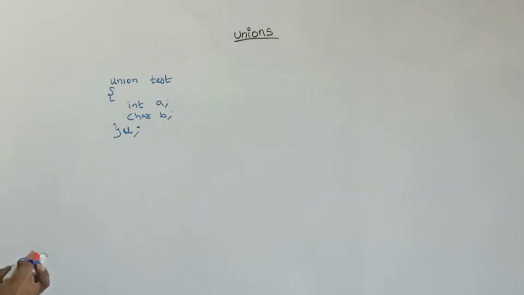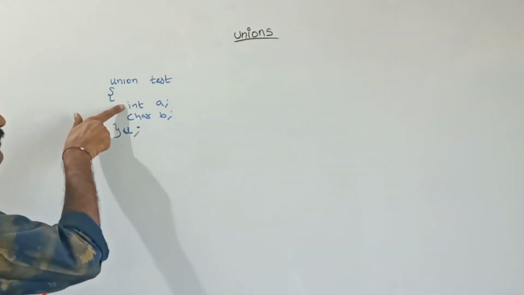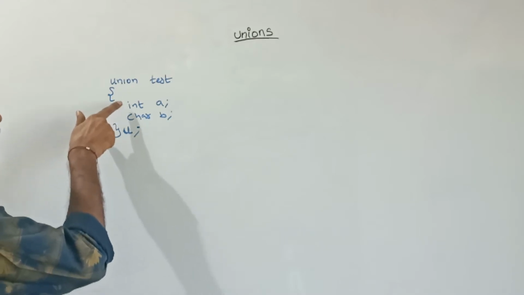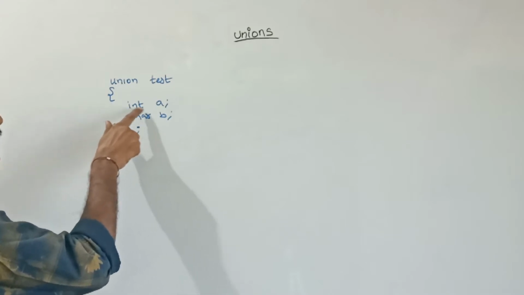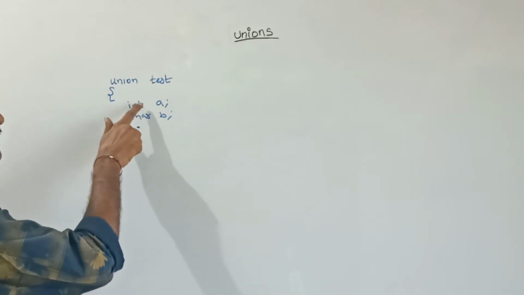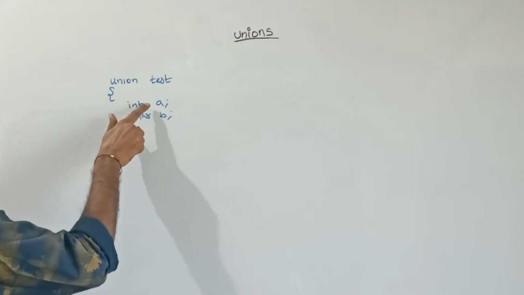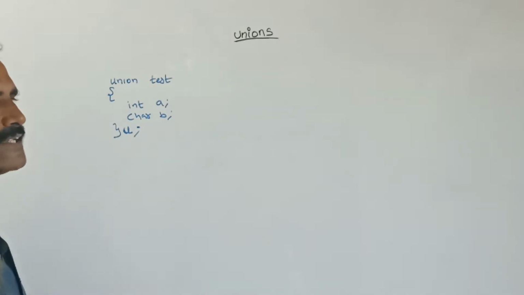Here while allocating the memory, what are the data types? First variable integer, second variable character. Among these 2 variables, which data type has the highest memory space? This integer data type, when compared to the character data type, is the largest, because the integer data type by default, you know what is the size? 4 bytes.